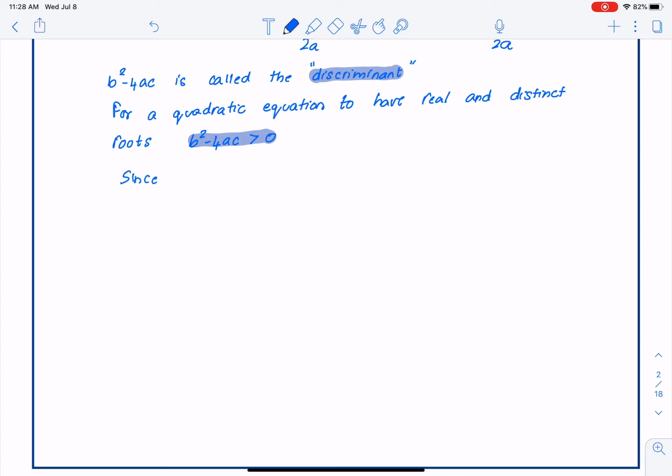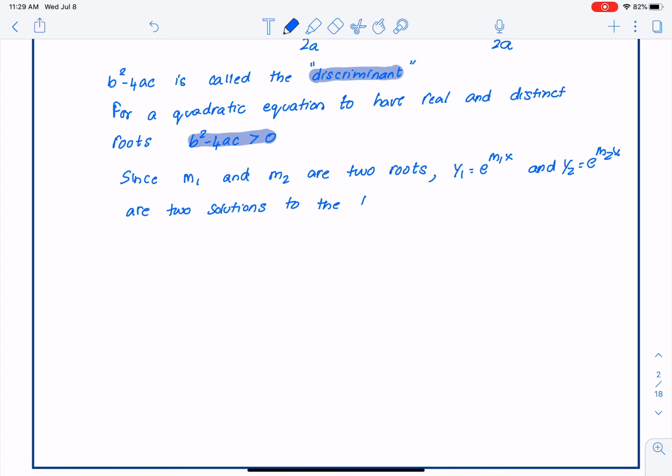Since m1 and m2 are two roots, y1 equals e raised m1x and y2 equals e raised m2x are two solutions to the DE.